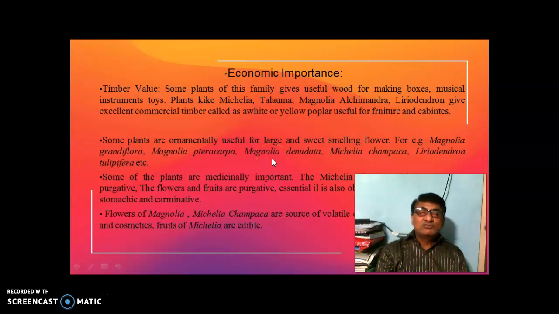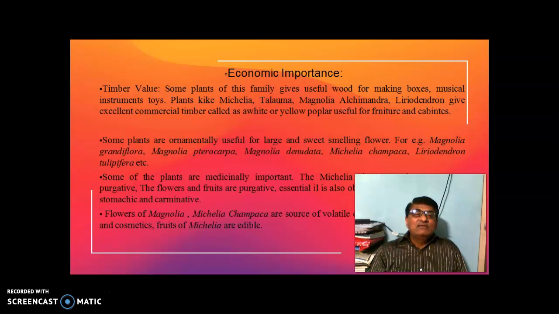Economic importance of this particular family. Economically, this family is important because it contains plants that are useful for timber. Some plants are ornamentally useful, some are medicinally useful.